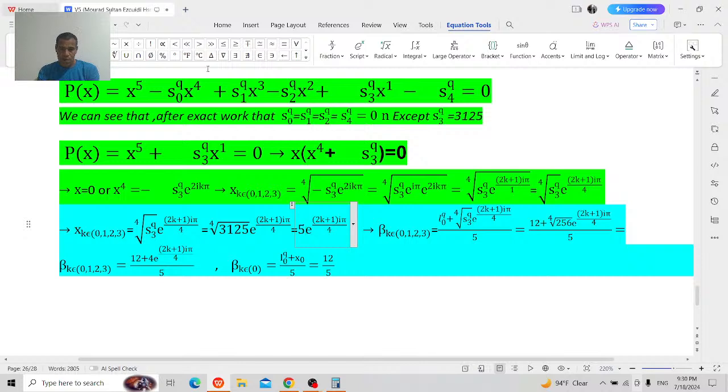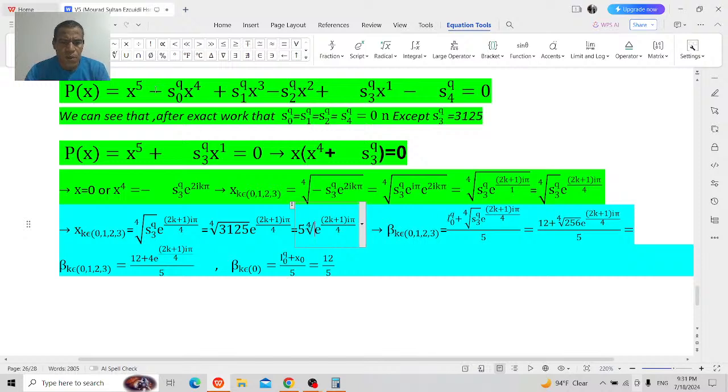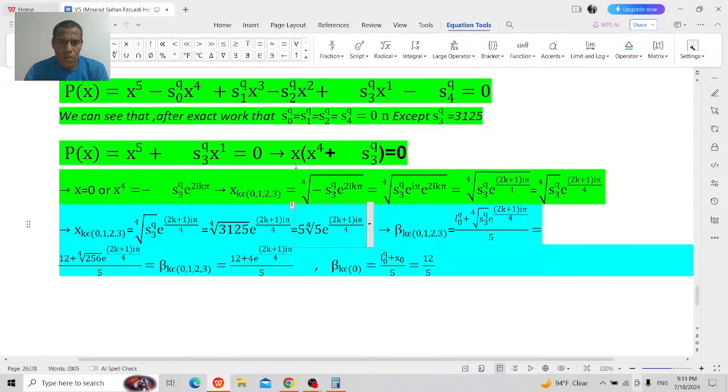Now I'm going to take the fourth root: 3,125 to the power 1 over 4, which is approximately 7.5, but I'm going to leave it in surds. So the fourth root of 5 exponential (2k plus 1) i pi over 4.